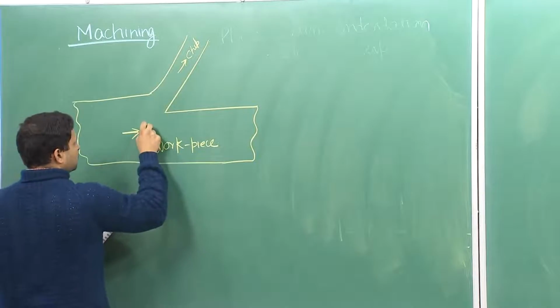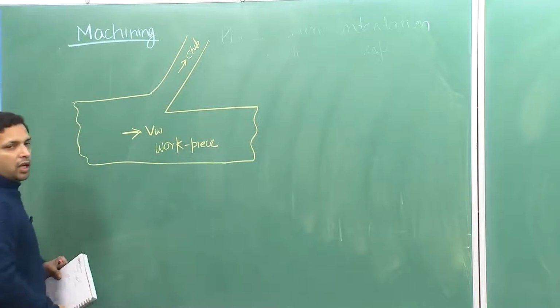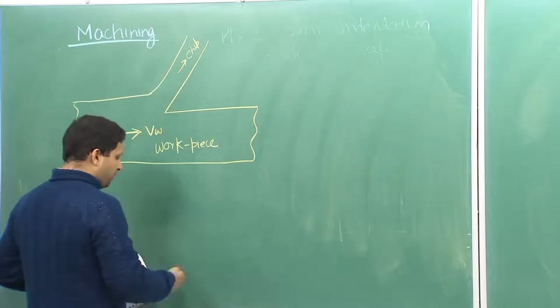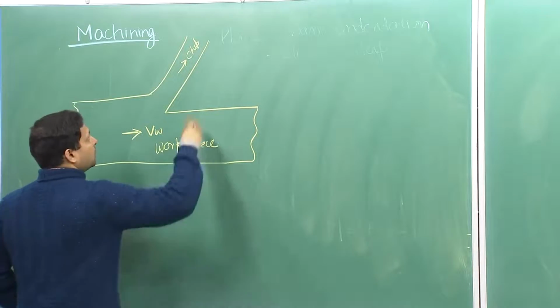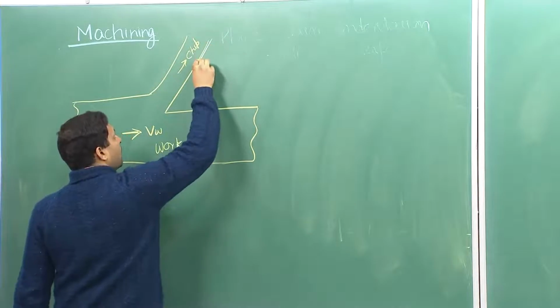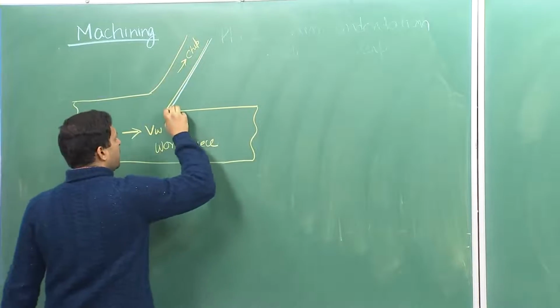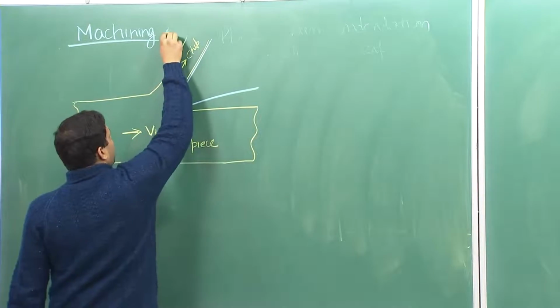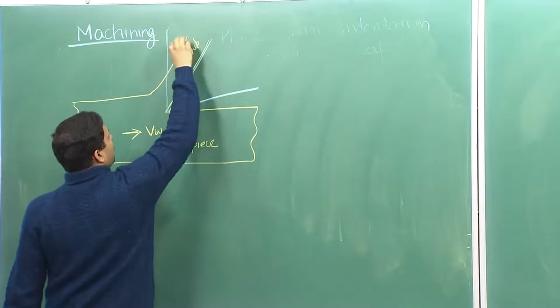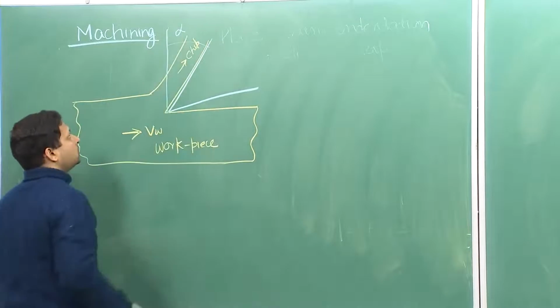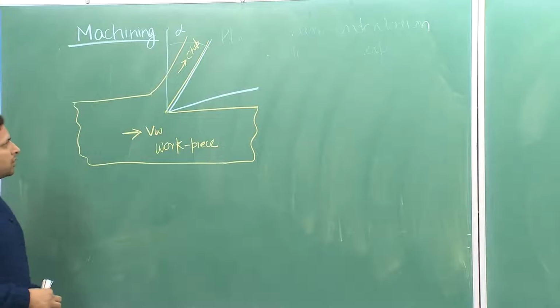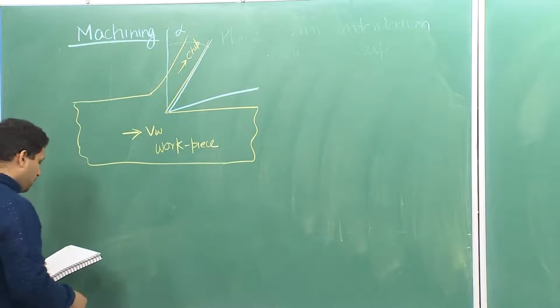And VW represents the velocity at which the workpiece is moving, and somewhere here will be your cutting tool, which is usually characterized by a parameter called Rake Angle. So, this will be your Rake Angle alpha. So, this is the setup showing machining.